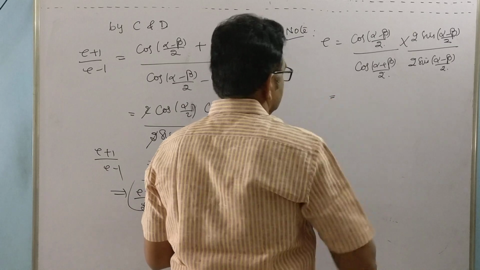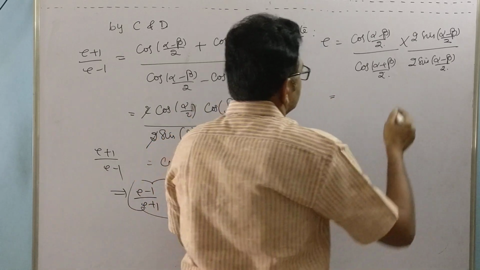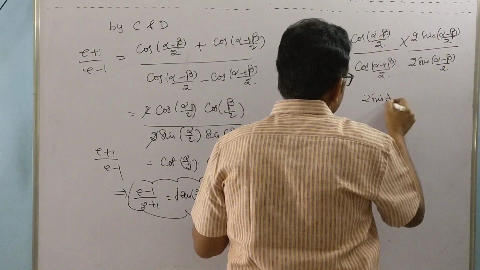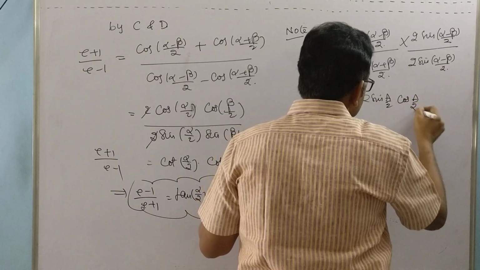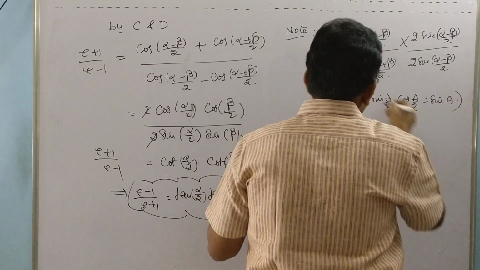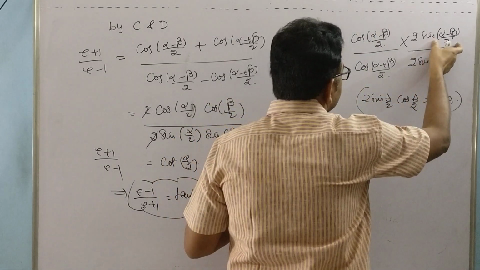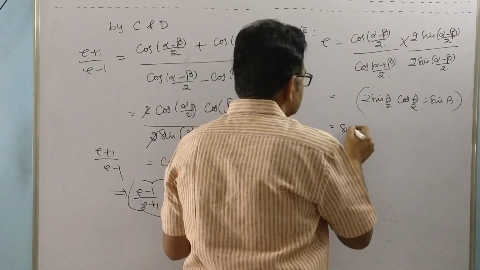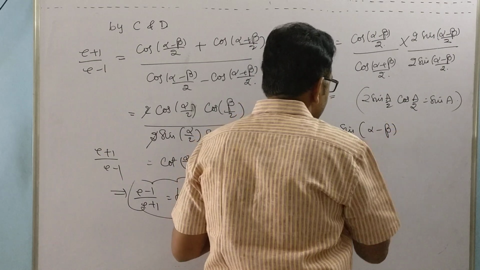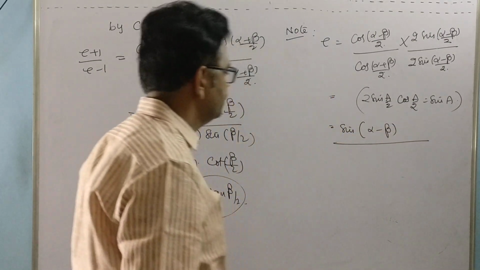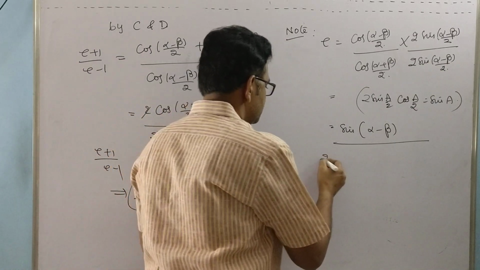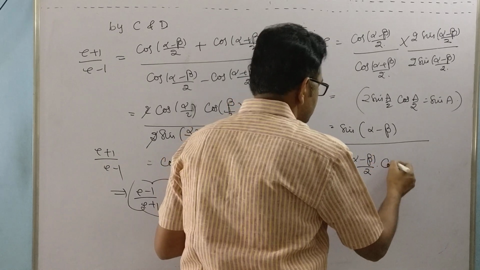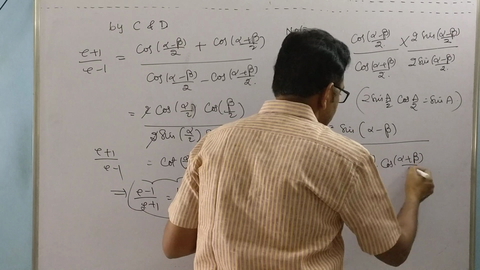So this is 2 sin A by 2 cos A by 2, which is equal to sin A. So this is sin of (alpha minus beta), divided by 2 sin of (alpha minus beta) by 2 into cos of (alpha plus beta) by 2.